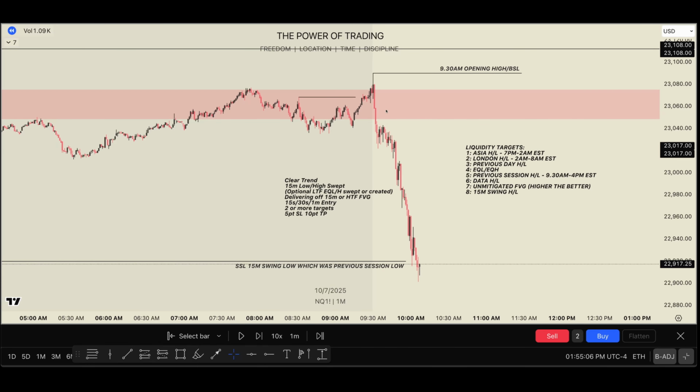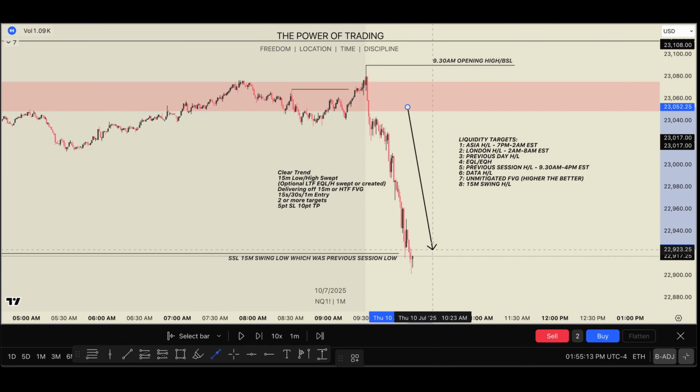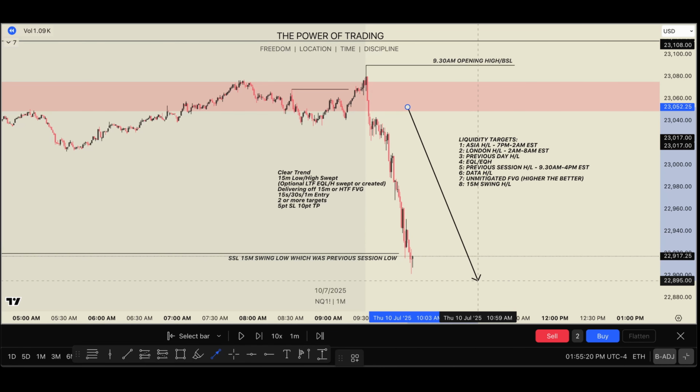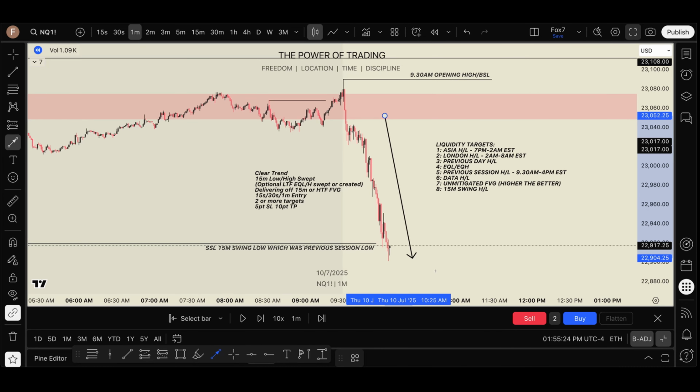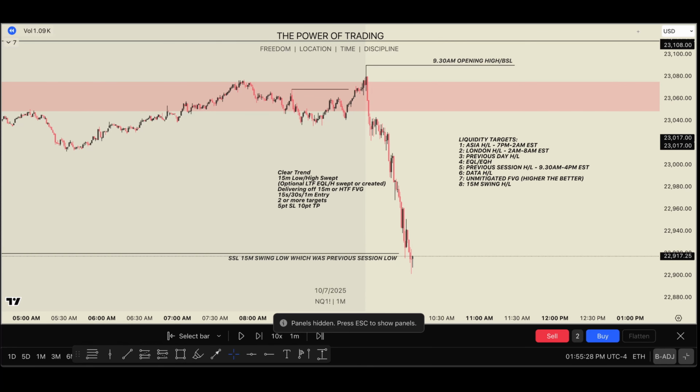So any entry trading below is going to be valid, because overall the target is going to be these swing lows and any unmitigated fair value gaps on the 15-minute or higher time frame. Now, the higher time frame could also be the 5-minute if you're trading on a 1 minute.